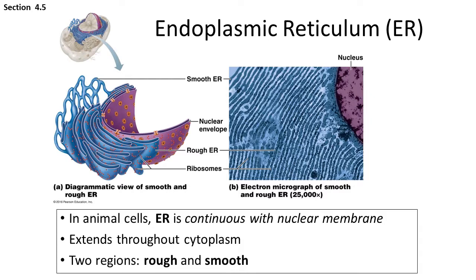The endoplasmic reticulum. Within animal cells, the endoplasmic reticulum is continuous with the nuclear membrane, and it extends throughout the cytoplasm. There are two regions called the rough and the smooth endoplasmic reticulum.